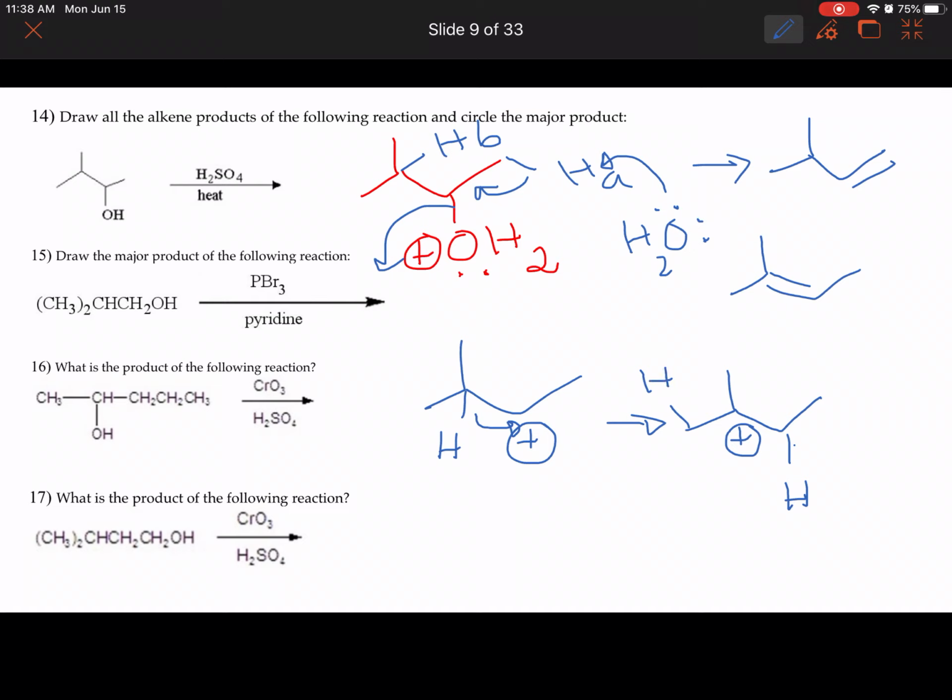Both methyl groups are equal, so it doesn't matter which one. So the water molecule can grab a hydrogen here and give its electrons to form a pi bond right there, and then you can form this one, another alkene. So there are 3 alkenes possible for the first one. So which one is going to be more stable? We have one terminal alkene.